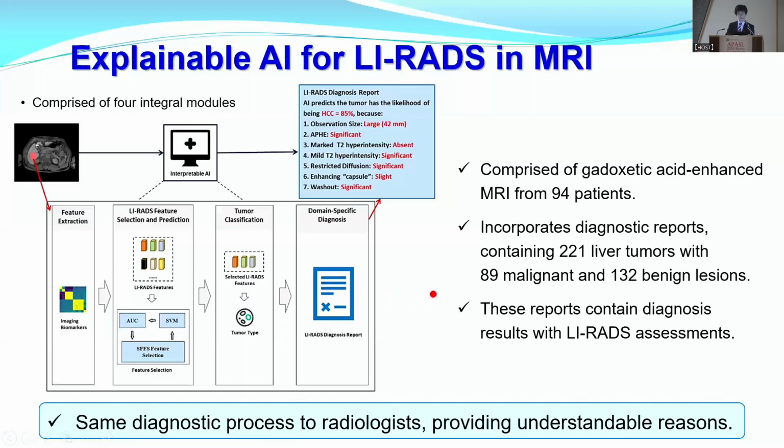And this report contains diagnosis results with LI-RADS assessment by the expert abdominal radiologist. So unfortunately, this is confidential, so I cannot show the results of our study, but the XAI will design the same diagnostic process as radiologists, potentially providing understandable reasons for the AI-based diagnosis.